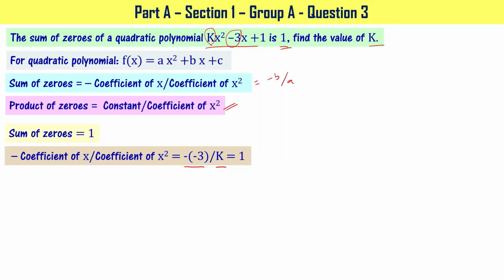This can be now written as 3 by k equal to 1, right? It means k equal to 3. So to answer the question, if the sum of the zeros of the given quadratic polynomial kx square minus 3x plus 1 is 1, then k is 3. In other words, you can say that the given polynomial is 3x square minus 3x plus 1, right?